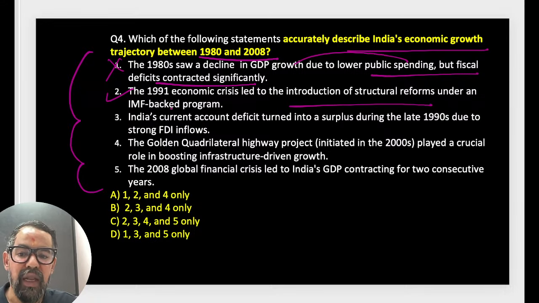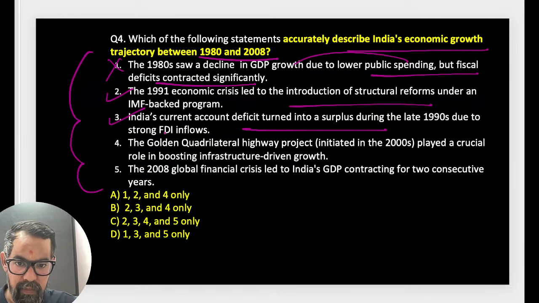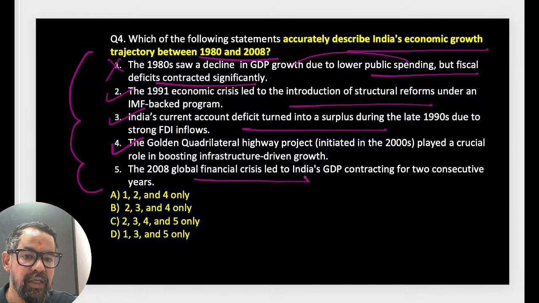Yes. The next statement: India's current account deficit turned into surplus during the 1990s due to strong FDI. The Golden Quadrilateral highway, which connects 4 major cities Delhi, Mumbai, Kolkata, Chennai, played a crucial role in boosting infrastructure-driven areas. The 2008 global crisis led to a decline in India's GDP for 2 consecutive years.